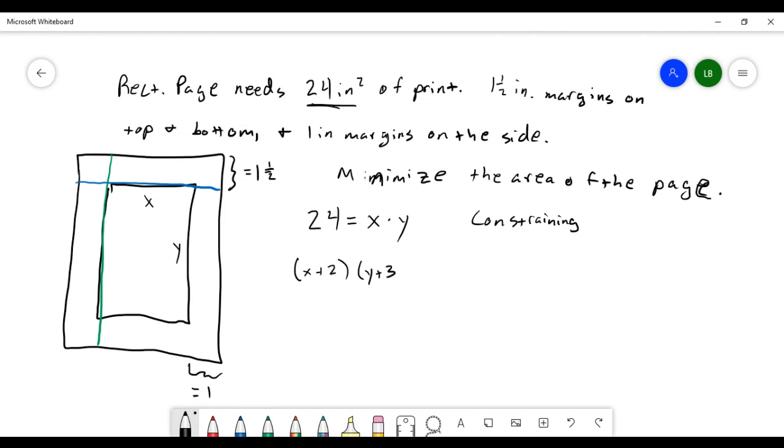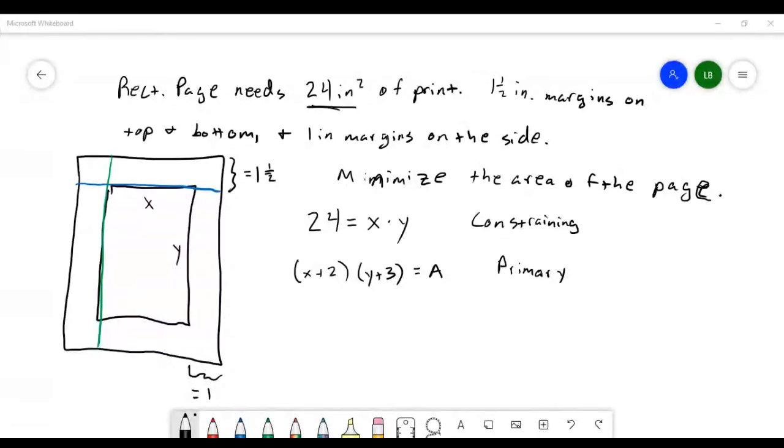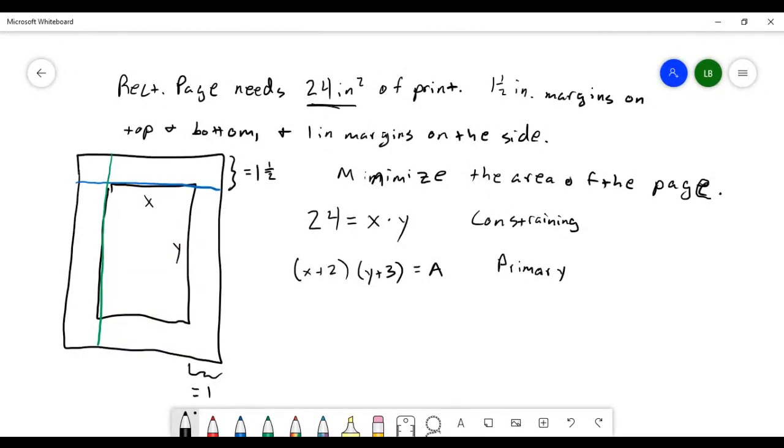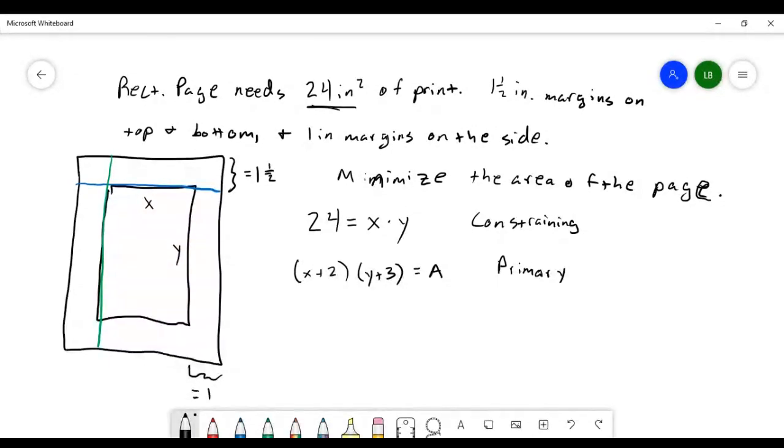So y plus 3, because we have 1.5 inch margin on the top and 1.5 inch on the bottom. That's going to be equal to our A value. This is our primary equation. Does that make sense? Cool. So what should our next step be?